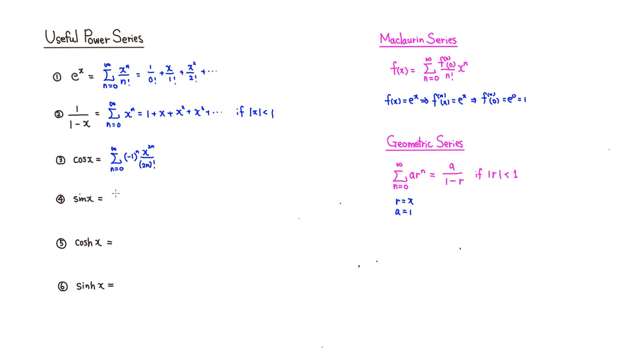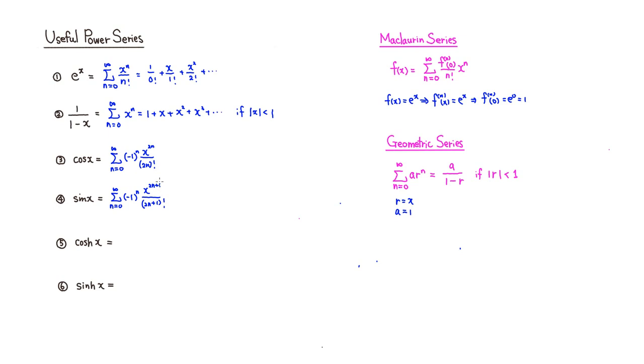Sine is very similar, except that the sine function is an odd function. It's still alternating, so negative 1 to the n, but it picks out all the odd power terms, so you have x to the 2n plus 1 over 2n plus 1 factorial.